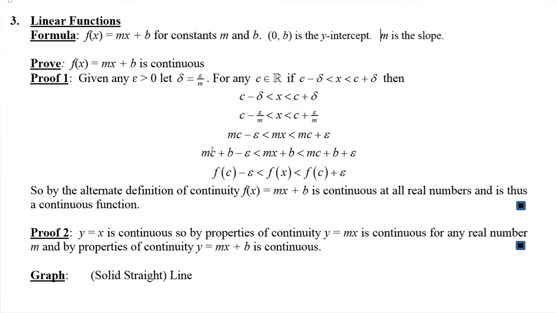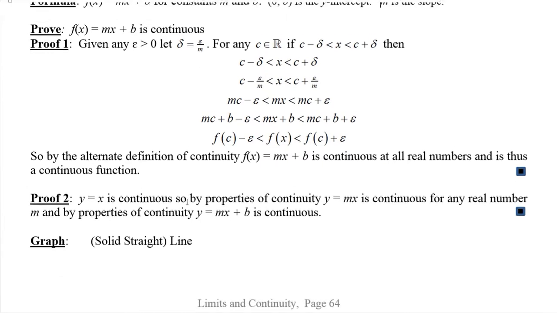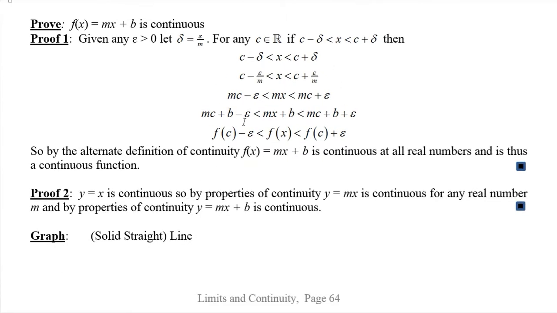And of course f of c is defined. This makes f of c the limit, and therefore, by definition, this function is continuous. So all linear proofs can basically follow this format. Actually, we just proved all these limits for all linear functions once and for all here.